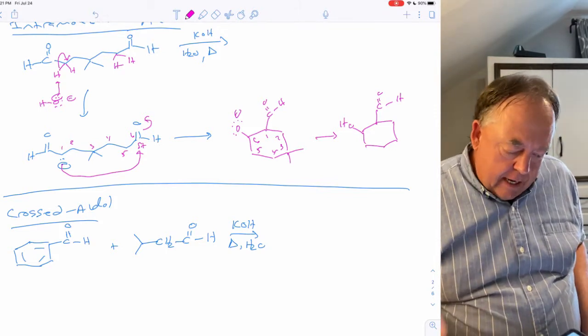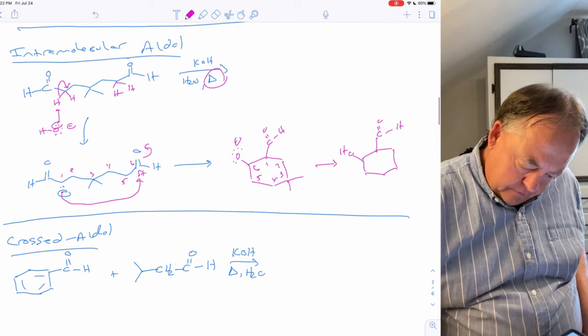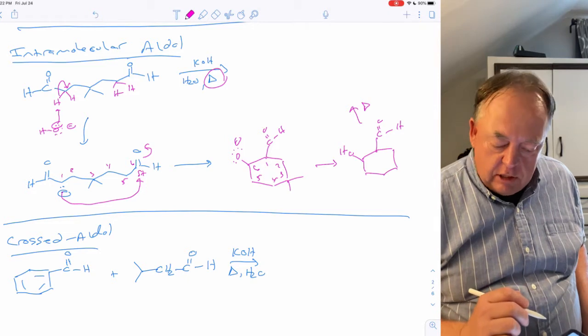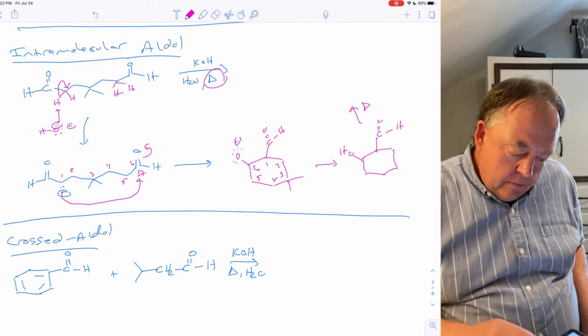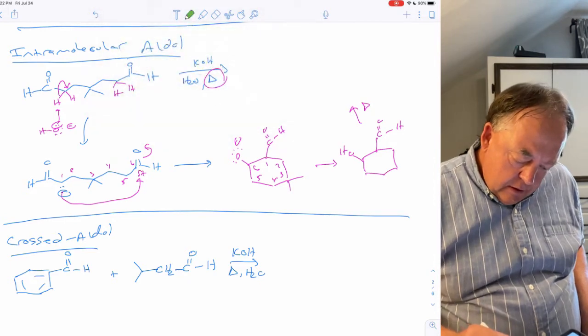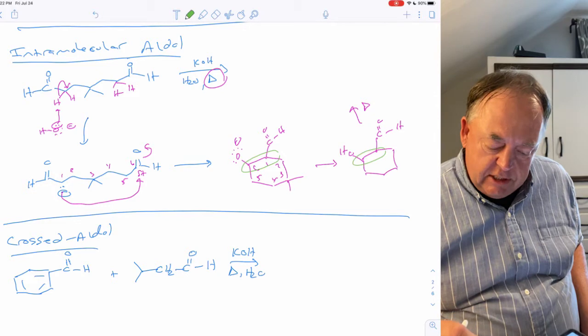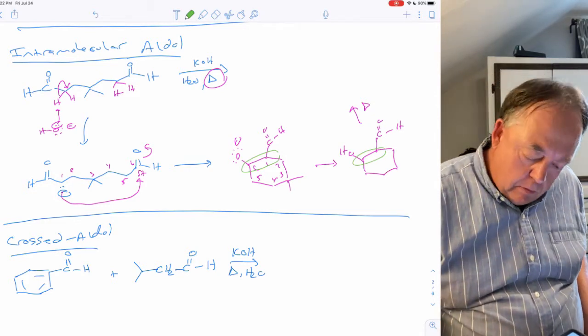Right? So now, since you're heating, we're going to dehydrate this. So if you dehydrate this, where's the double bond going to go? Well, it's going to go between those two carbons, right? Always has to go between the C double bond O and the carbon that has the OH on it so that you end up with a conjugated double bond.